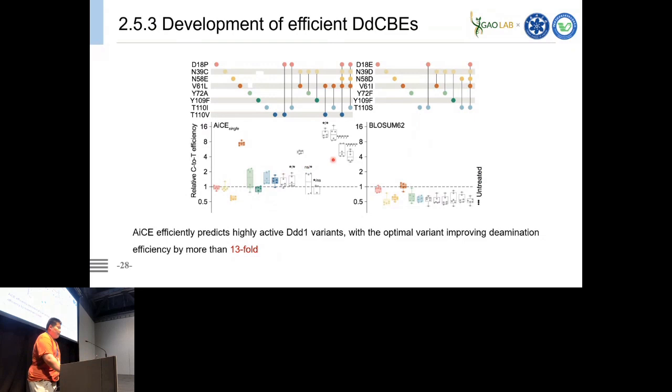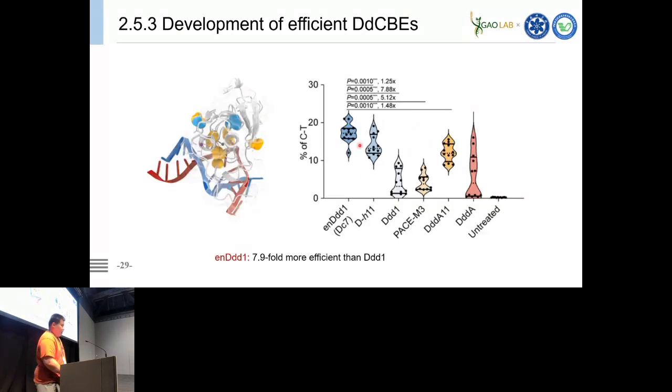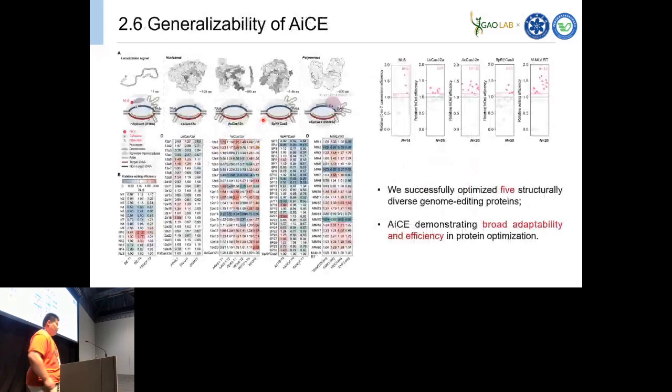Using ACE, we identified one variant, enDDD1, that showed over 13-fold improvement in editing efficiency. We compared enDDD1 to DDD11, which went through several rounds of directed evolution and carried 6 mutations in total. enDDD1 had nearly 50% higher efficiency with only 2 mutations.